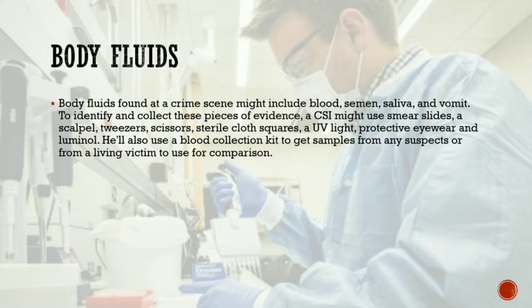Blood or saliva collected from the body may belong to someone else, and the lab will perform DNA analysis so the sample can be used later to compare to blood or saliva taken from a suspect. The CSI will also scrape the victim's nails for skin. If there was a struggle, the suspect's skin may be under the victim's nails. If there is dried blood on any furniture at the crime scene, the CSI will try to send the entire piece of furniture to the lab.